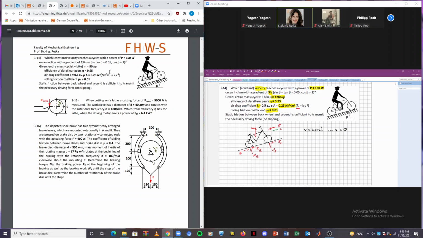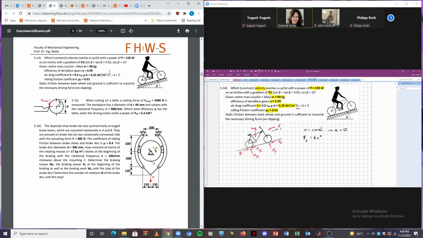Then we have the air resistance force. We only know the air drag coefficient. We do not know the velocity yet. So it's given by VL is equal to K times V square.